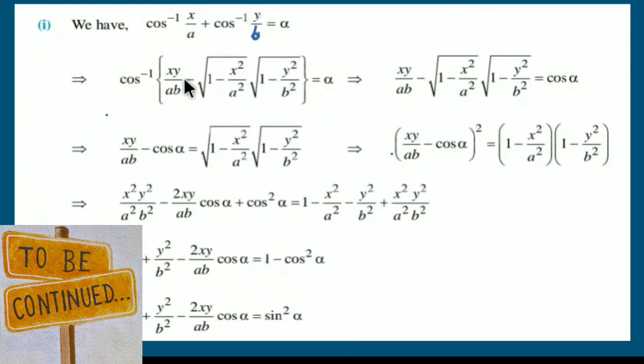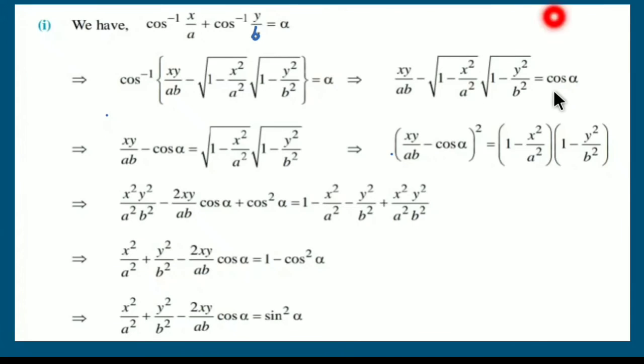Now apply cos inverse xy under root 1 minus x square by a square, and under root 1 minus y square by b square. And then simply take cos on both sides, and this result becomes cos alpha, right?